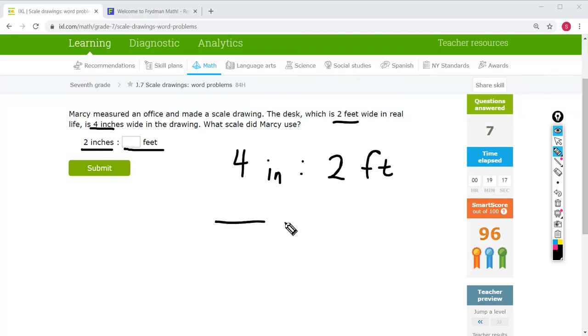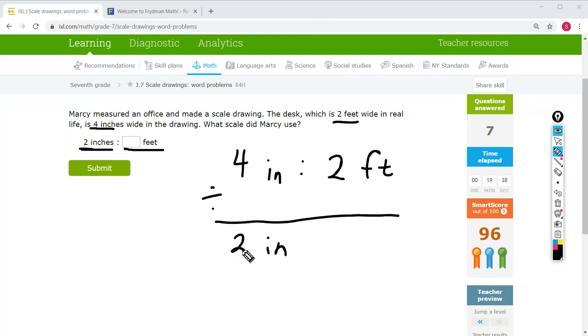And I want to divide the inches so that I get 2 inches over here. So what do I have to divide 4 by in order to get 2? Well, the answer is 2. 4 divided by 2 is 2.